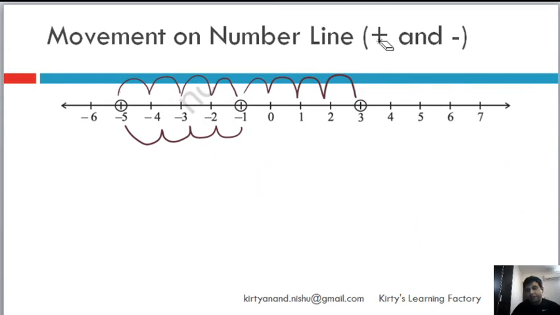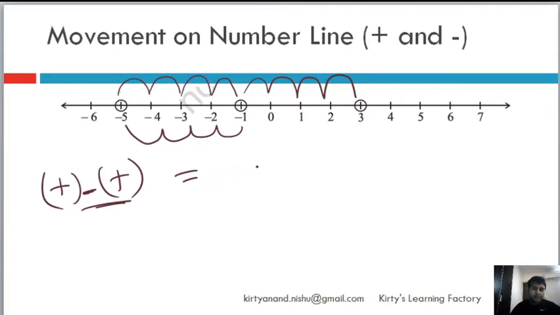This is the way to do plus and minus on a number line across negative and positive integers. That's very simple. Recalling what we learned in class 6, if there are two positive integers, plus plus, and you are subtracting, for example, nothing will change.